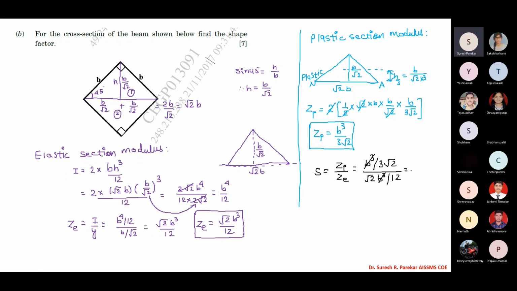And then we have 12 divided by root 2 into 3 root 2. So it becomes 6. Then we have S equal to 2. So for a diamond square section, the value of S is 2. So write this. Tell me when done. We will go next.